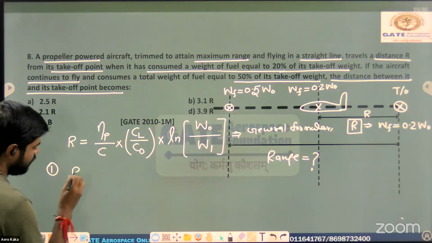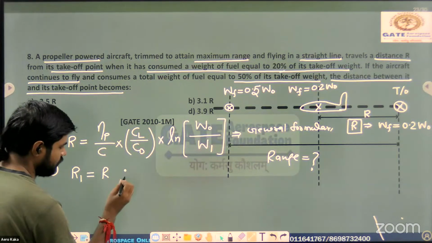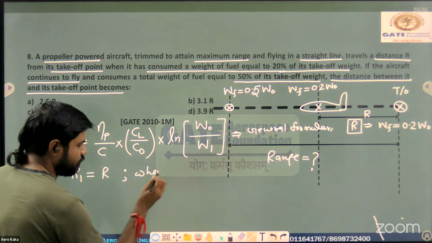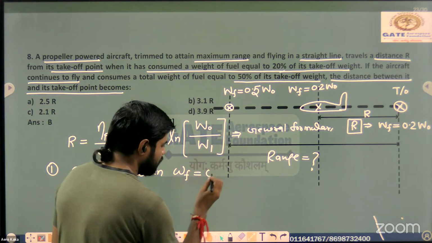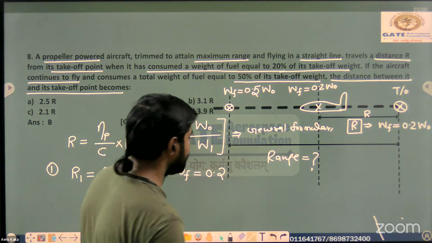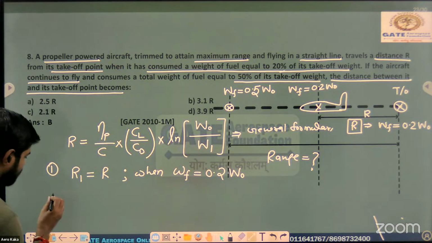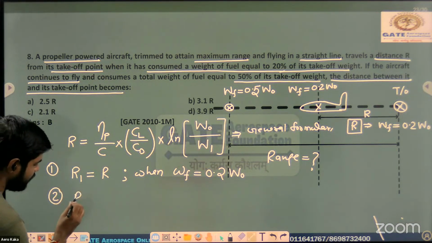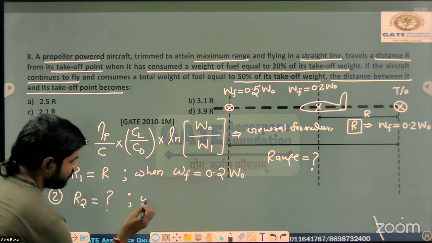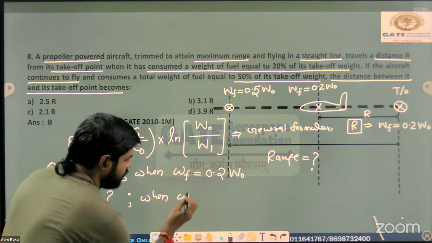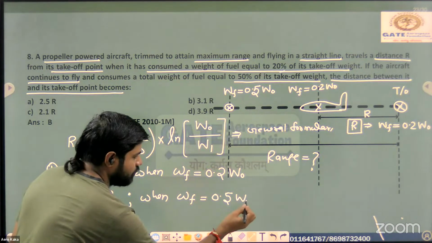Let's say in the first case R1 is equal to R, when the weight of fuel is 0.20 of its initial weight, right? Let's consider case 2. Let's say R2 is equal to, we don't know what this is, when WF is 0.5 times W0.